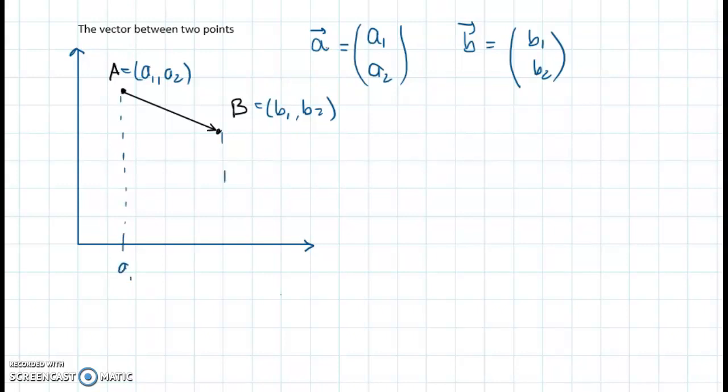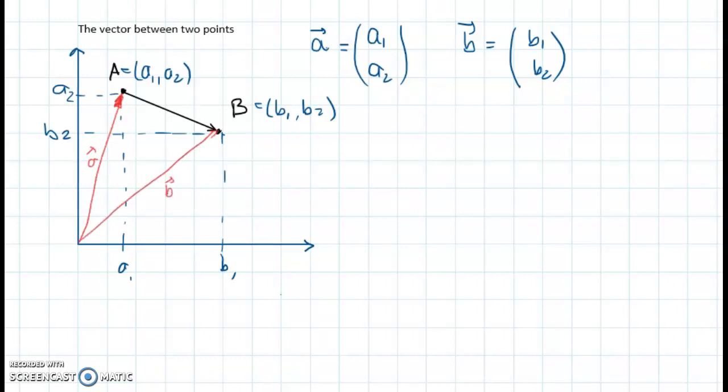So A1, B1 are the X coordinates, A2, B2 are the Y coordinates, and we can consider we already wrote the coordinates of the vector A, and as well the vector B.